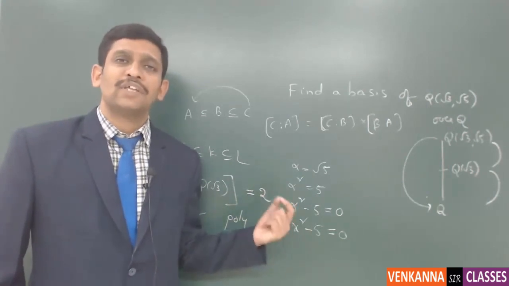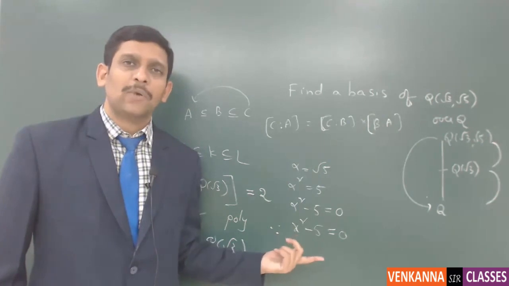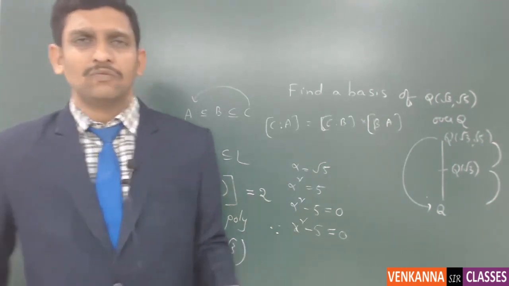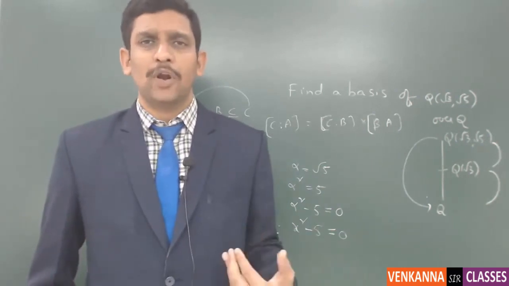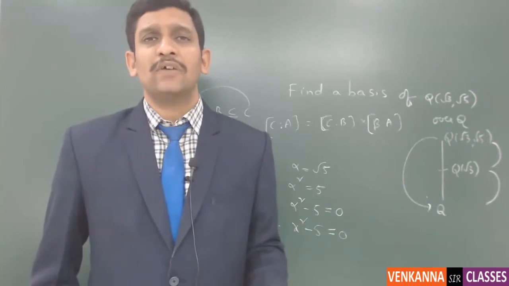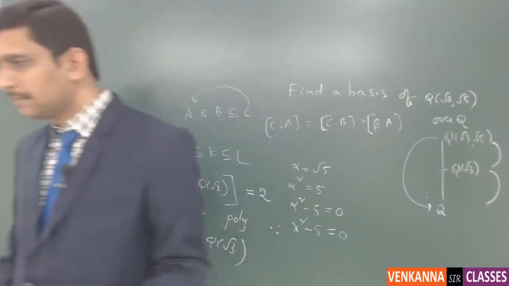So the prime number 5 satisfies the Eisenstein criterion for the polynomial x square minus 5. However, in the exam, we don't mention that this is the irreducible polynomial. By default, we consider that x square minus 5 is an irreducible polynomial over the set Q of root 3.